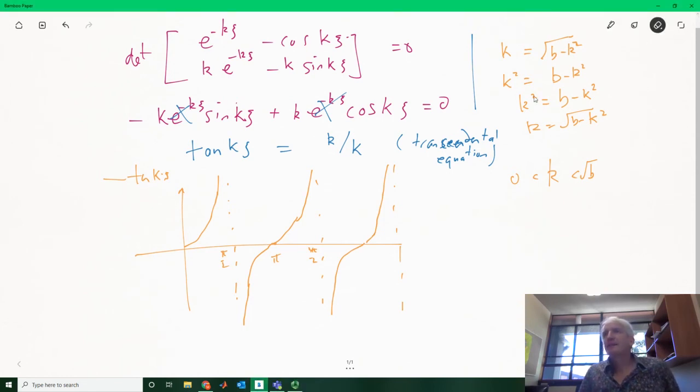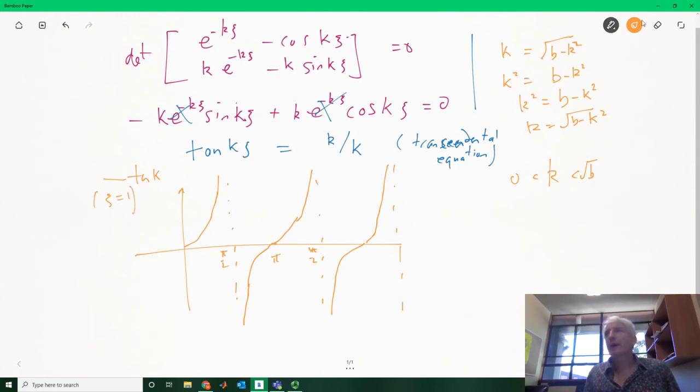It's probably easiest to just assume here zeta is equal to 1 for the picture I'm going to draw, just to make our life simple.